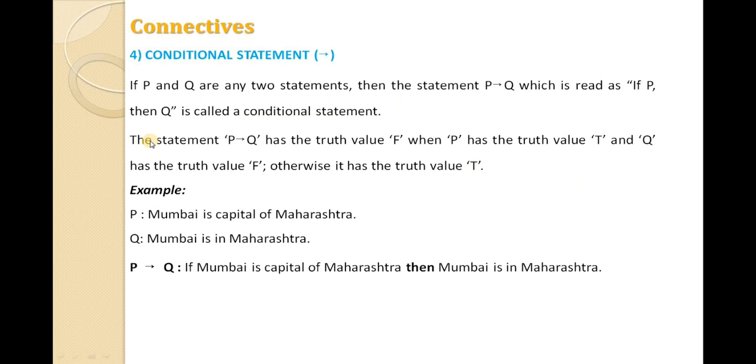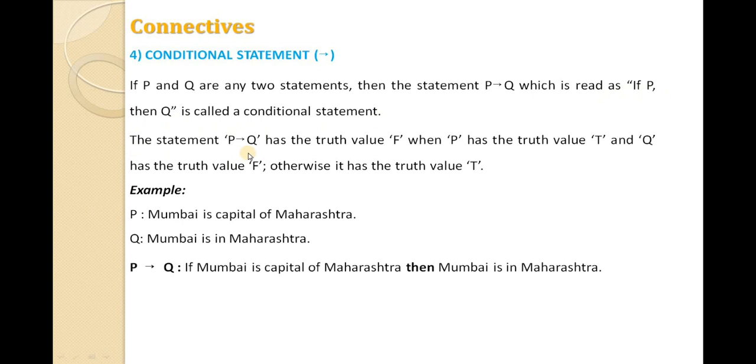We will discuss the next connective, that is the conditional statement, that is denoted by this arrow. The definition is, if P and Q are any two statements, then the statement P implies Q, which is read as if P then Q, is called a conditional statement.